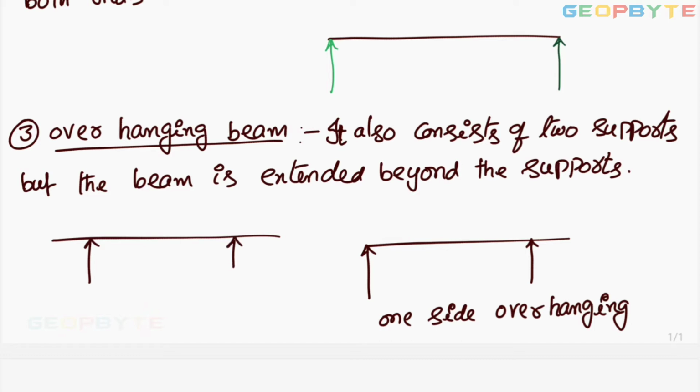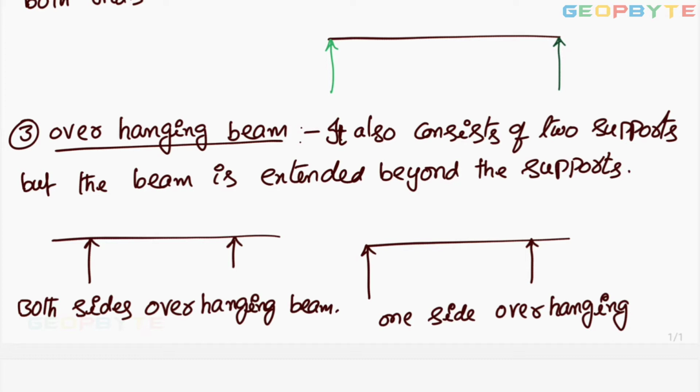This is the overhanging beam on both sides. One side overhanging beam, both sides overhanging beam.